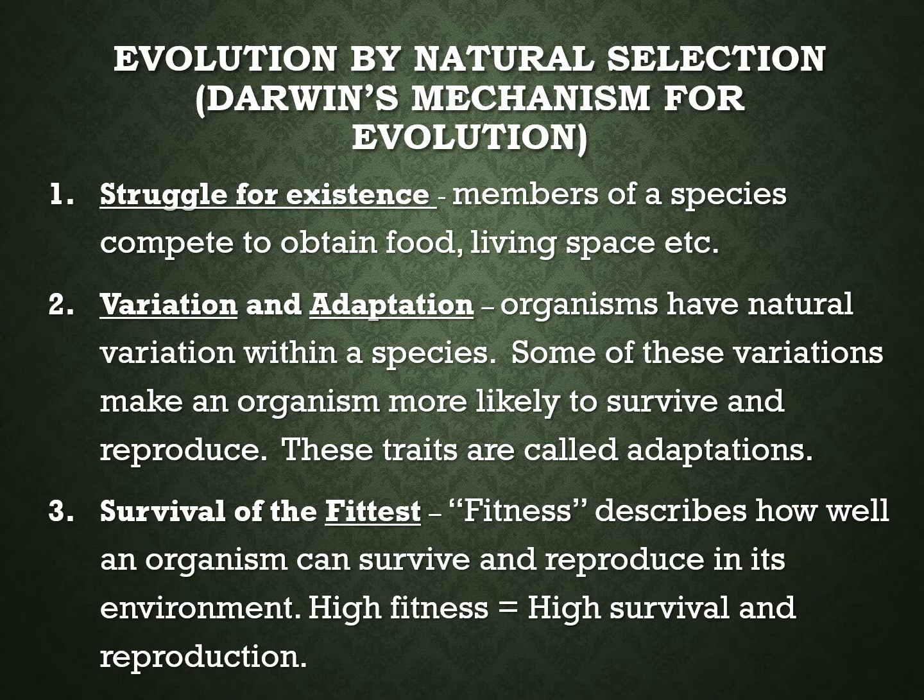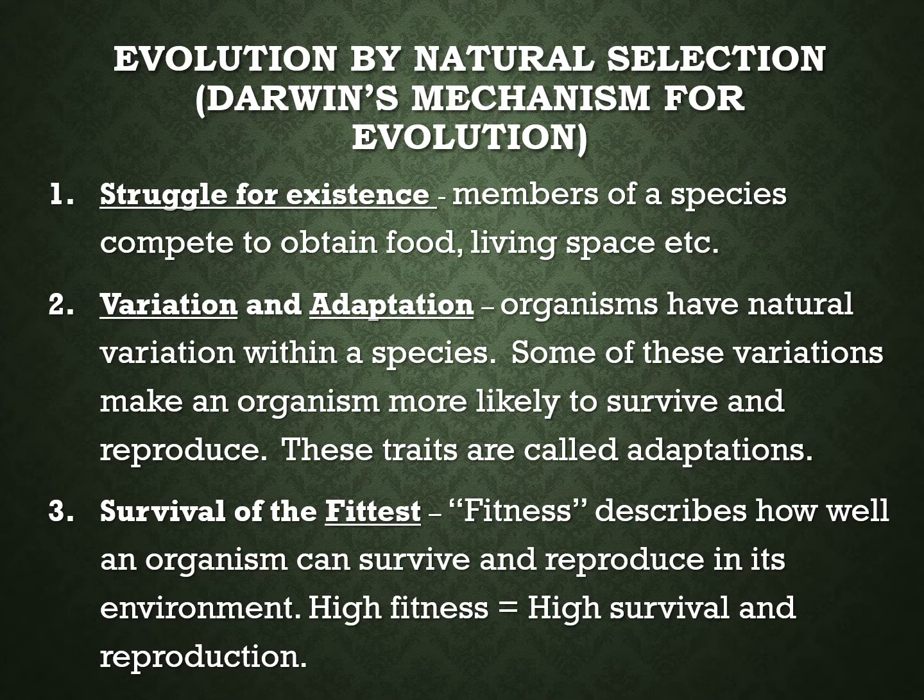Then the second part of the mechanism is variation and adaptation. Variation is that heritable variation that we talked about. There's going to be natural variation inside of the species. Some of the variations are going to make an organism more likely to survive and reproduce, and those variations that are beneficial are called adaptations.